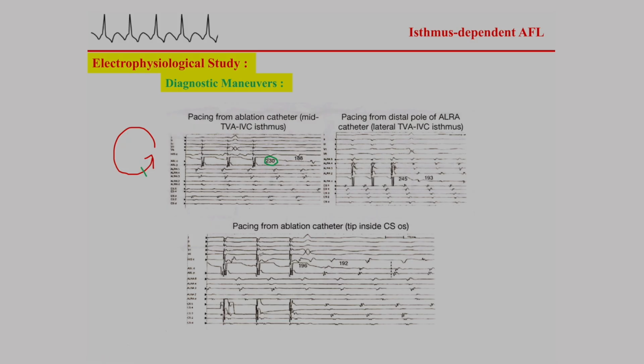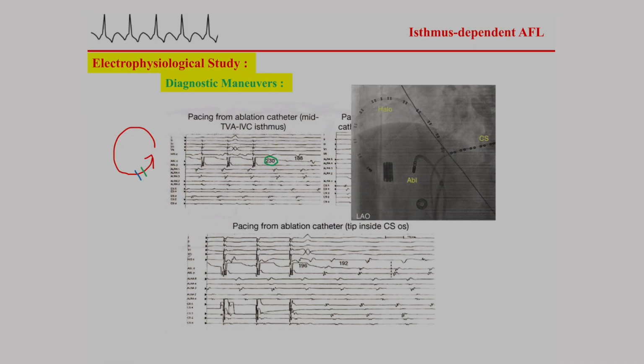We pace also from the lateral isthmus, and at the same time, we have a longer PPI. And when we pace from inside the coronary sinus, we have the PPI equal to the cycle length. In this case, of course, we check the capture, we check that we are sure that we are entraining the atrial flutter.